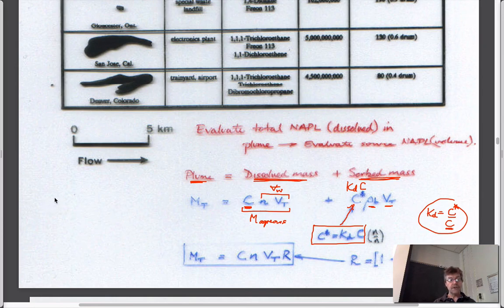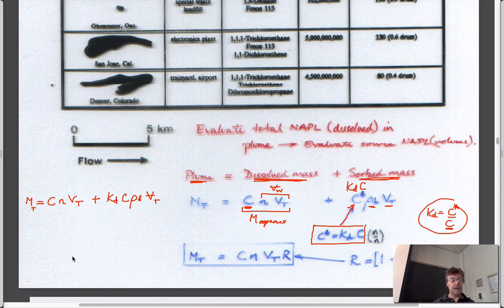So we want to rearrange it in terms of concentration, porosity, and volume in the aquifer, plus KD, concentration, density of the aquifer, times total volume.